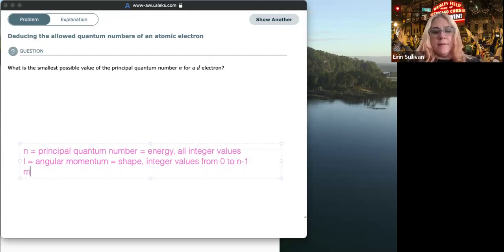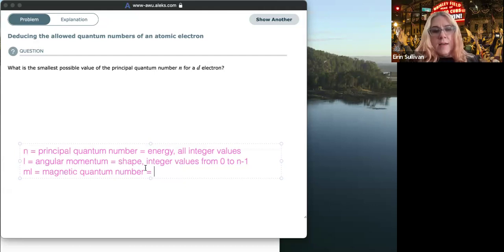And finally, M subscript L is the magnetic quantum number. And what that tells you is if there is more than one orbital for a particular subshell, how many of them there are, or the multiplicity if you're going to be fancy.